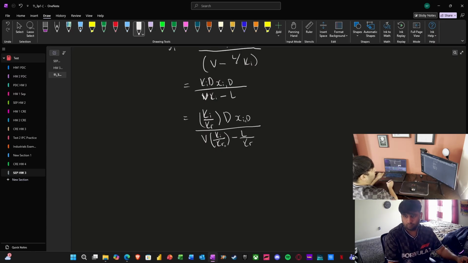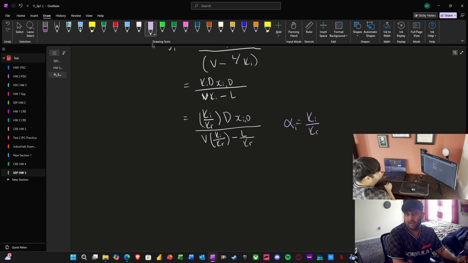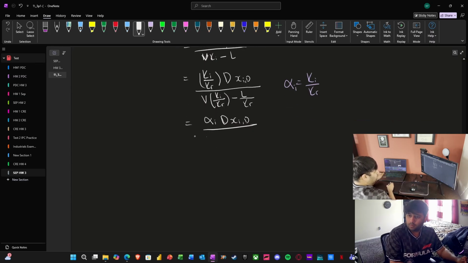And thing to note, this relates to our relative volatility. So in this case, ki over kr will be alpha with respect to i. So what we get is alpha i d xi d over alpha i minus L over v kr. And this term right here is going to be sum to phi.